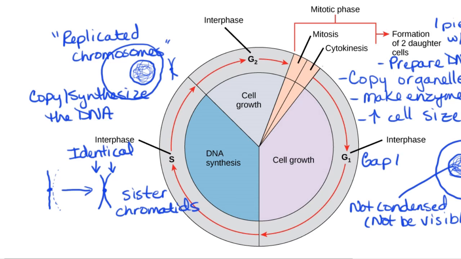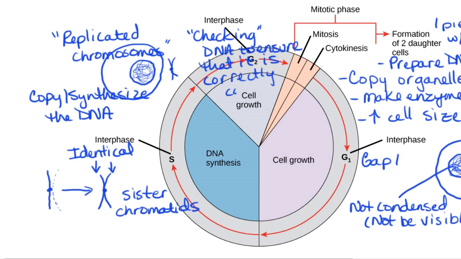But we do tend to think of this a lot of times as a checking phase. By checking, the cell would be checking the DNA to ensure that it is correctly copied. And if it's not correctly copied, then we would definitely want to fix that.